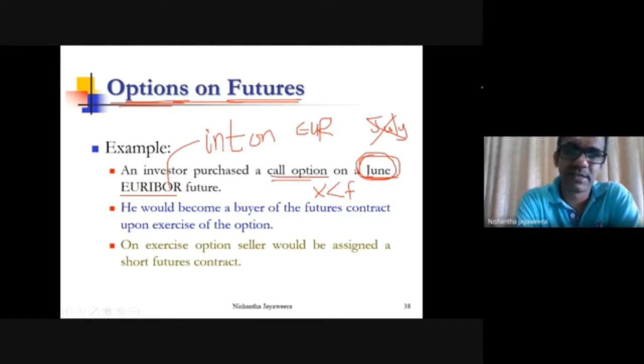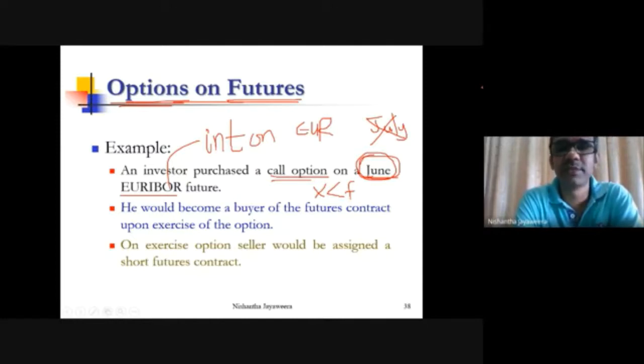That is, it's like borrowing or lending in the future, not today. You trade Euribor, or whatever the interest rate futures, based on your view on the interest rate movements.